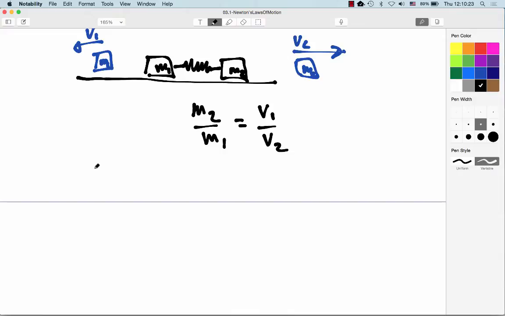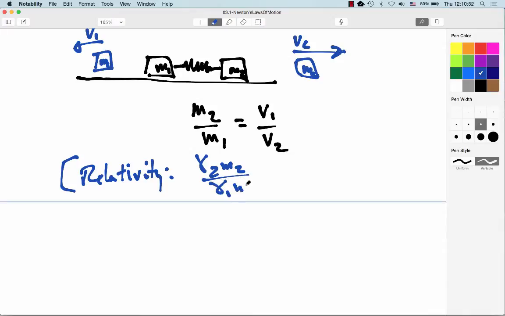So the only time we ever compare masses officially, at least relativistically, is when the two masses are at rest with respect to each other. Now, what this is really giving us, if we worry about relativity, and I'll put this in as a little side note here, is the ratio of gamma 2 M2 over gamma 1 M1, and that's equal to V1 over V2.